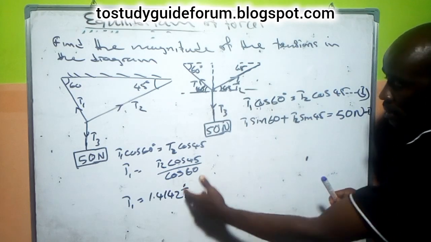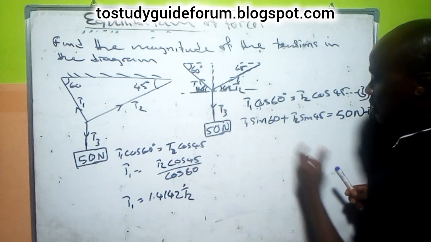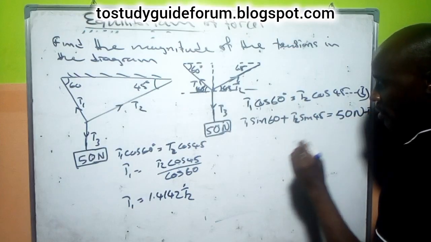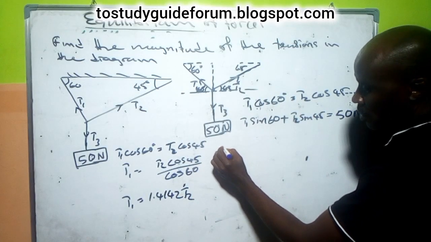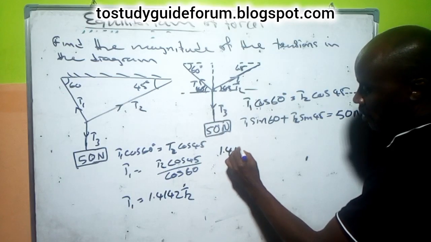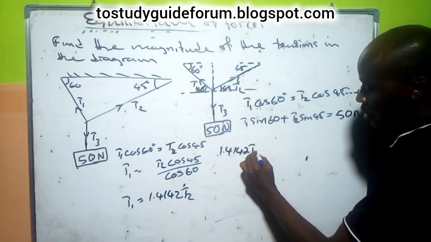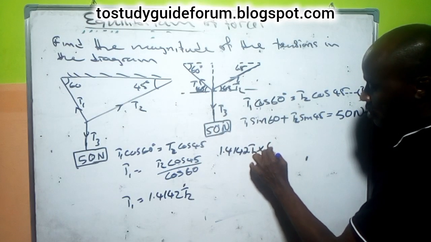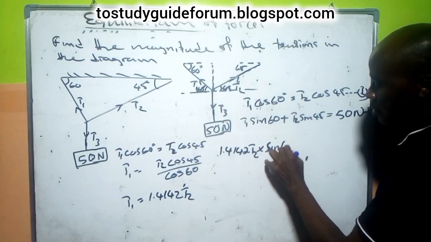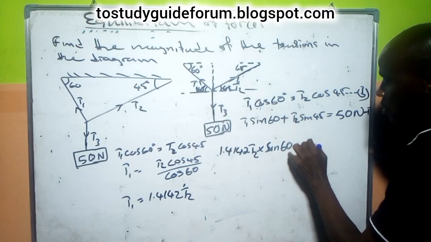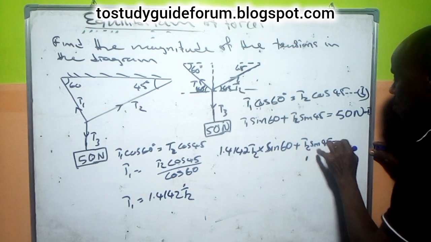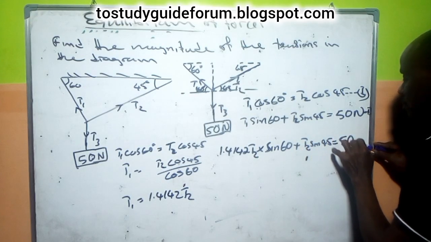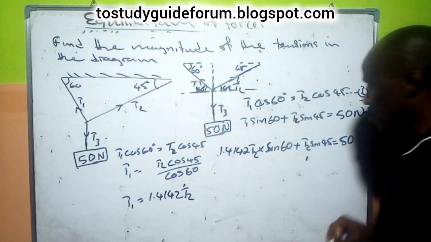With this one, we can now use this to substitute for T1 here. That means we put this T1 there, and what we have will be 1.4142 T2 times sine 60 plus T2 sine 45 equal to 50 Newton.